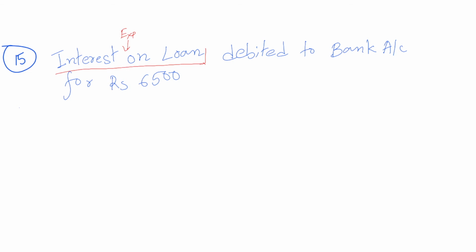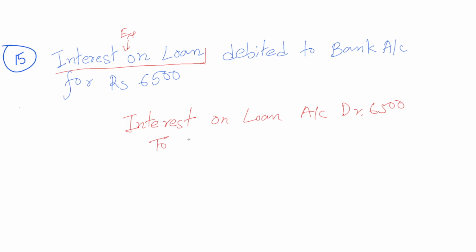So simply we will write interest on loan, not the loan account. We'll write interest on loan, or you can write interest. So it's an expense. Simply it will be debited. Interest on loan account debit 6,500 to bank.